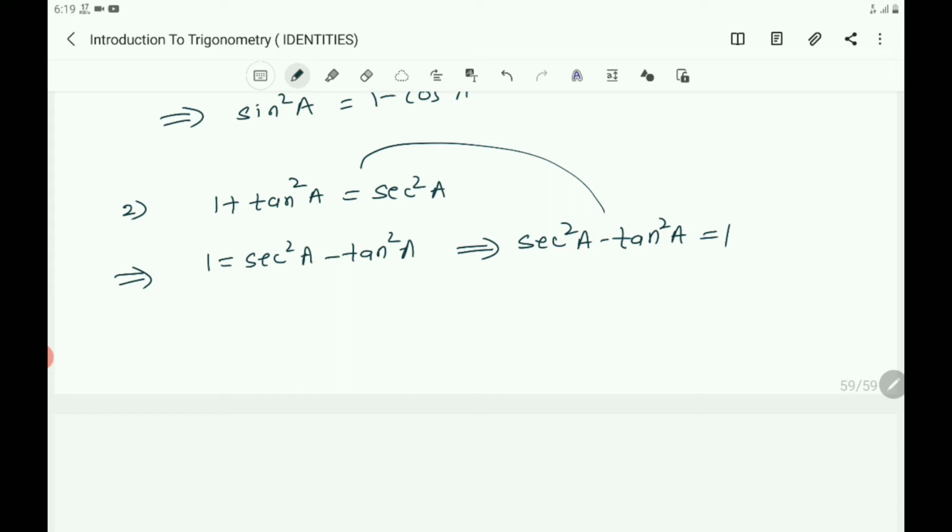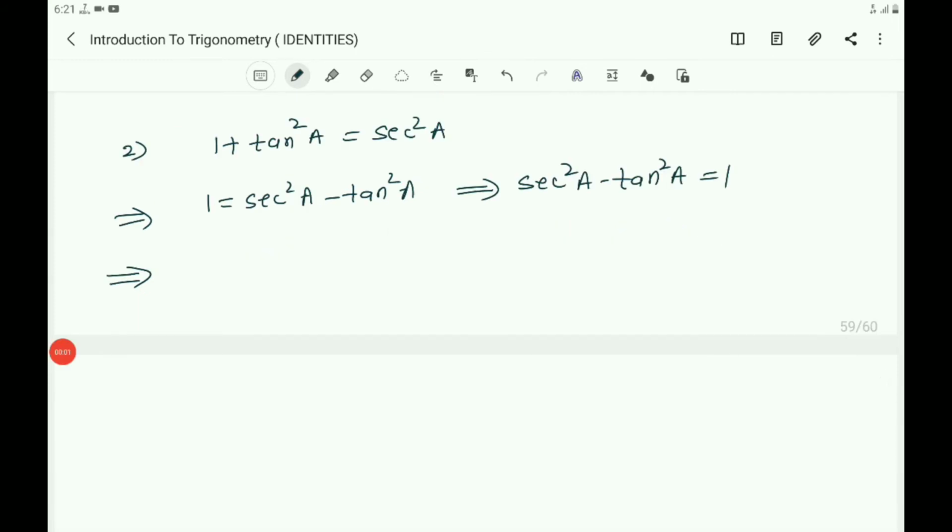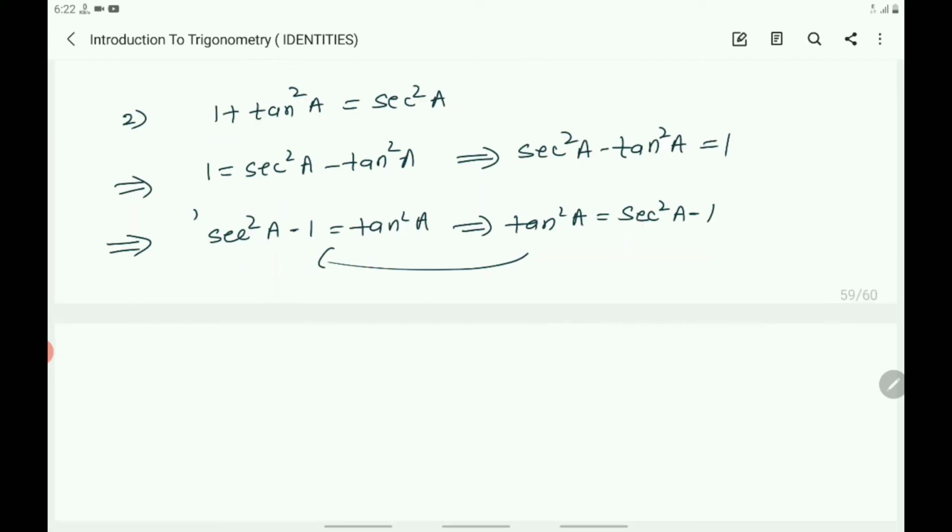So this can be converted like this also. And also this can be converted as secant square a minus 1 equals tan square a, or tan square a equals secant square a minus 1. LHS and RHS can be changed.